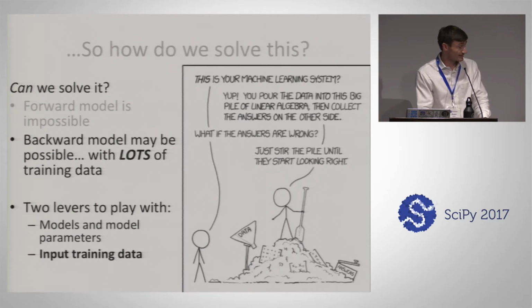I'm going to be talking about the other portion of this, which is that you can either stir your pile or you can change what you put in on the data side. And sometimes you get a lot more descriptive power and a lot better results when you change your input rather than trying to change your model parameters.